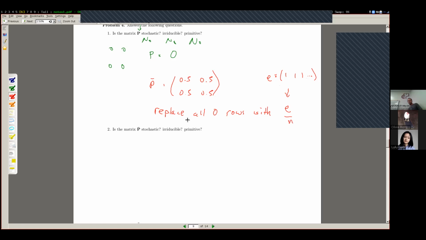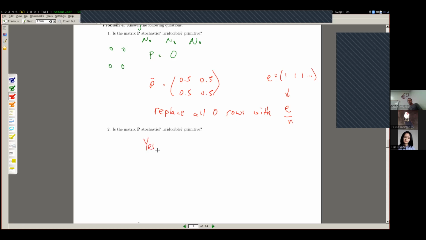So in this case, P bar is stochastic, but is P bar guaranteed to be stochastic in every possible situation? Yeah, the answer is yes, because that's the purpose of doing this, that we take all the rows that were not stochastic and we make them stochastic. And once we do that, P bar becomes stochastic.